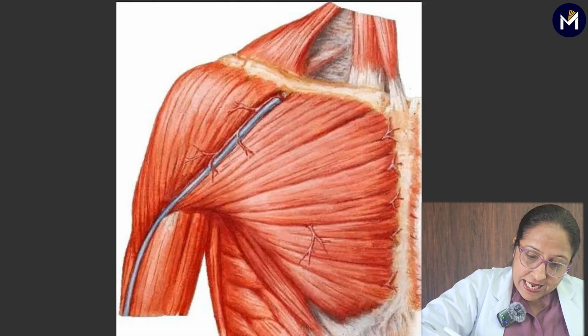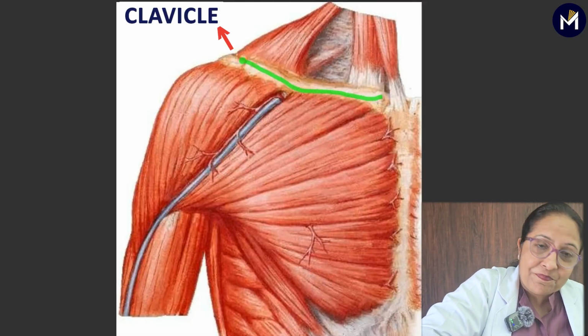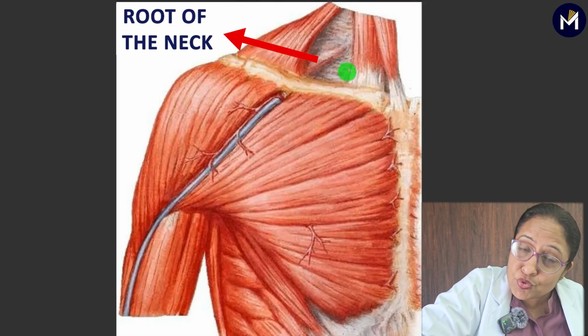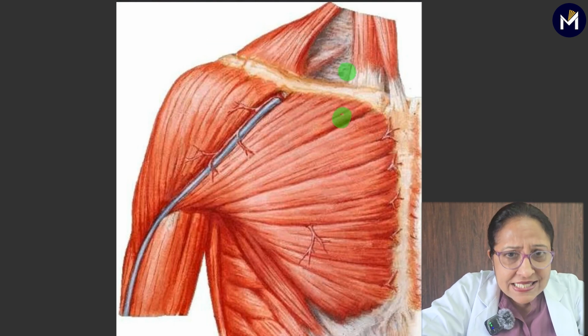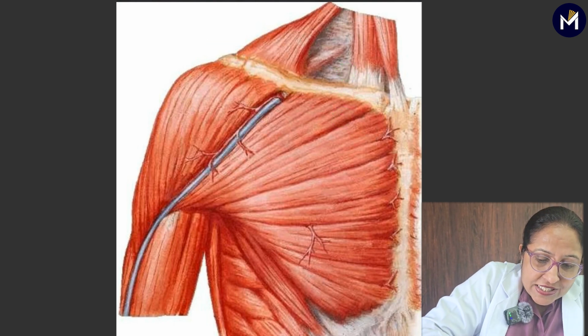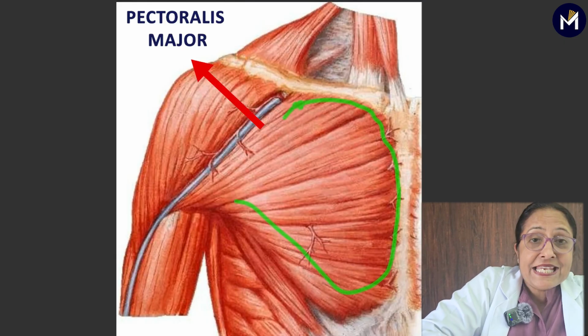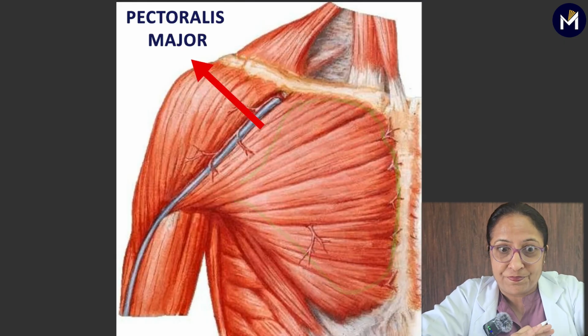Now, before we describe the clavicle in detail, first let us see where it is positioned in our body and what are the structures related. So, here is the clavicle located between the root of the neck and the trunk. The muscles here are, this huge muscle is pectoralis major.